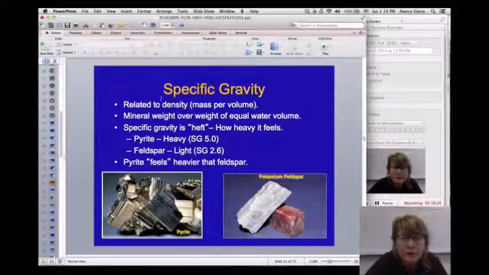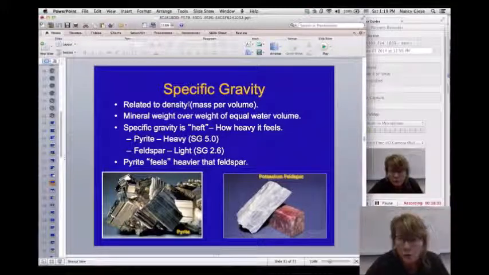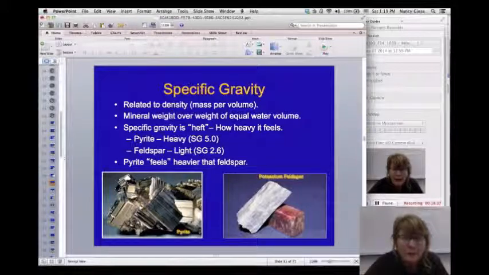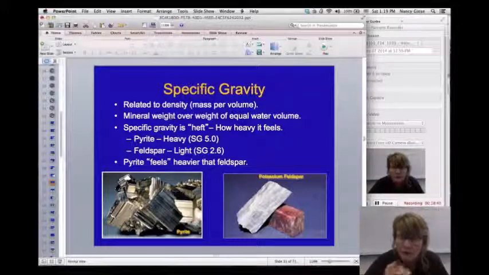Specific gravity, also called density. Density, the density of a mineral. So density is a property of all matter. It's just the weight or mass of the mineral per volume, as defined, the mass per volume.